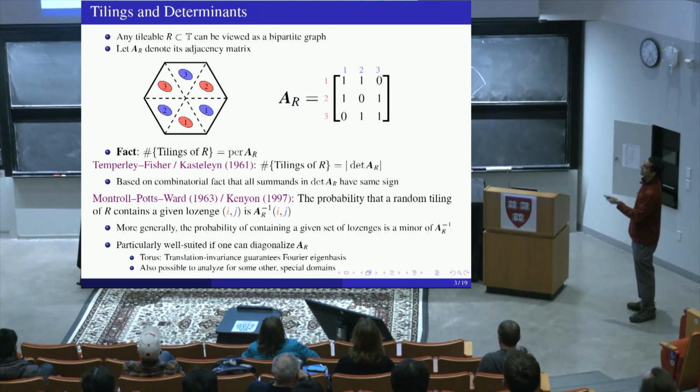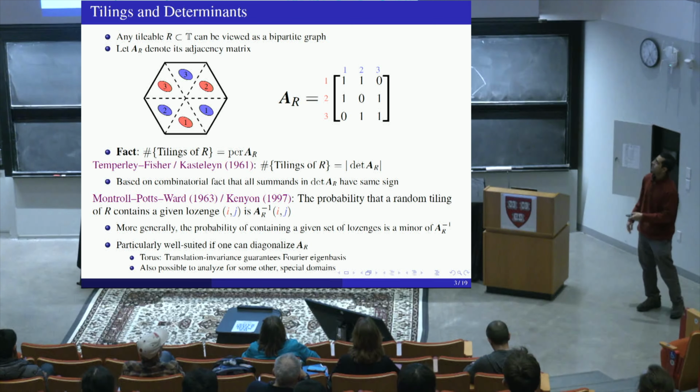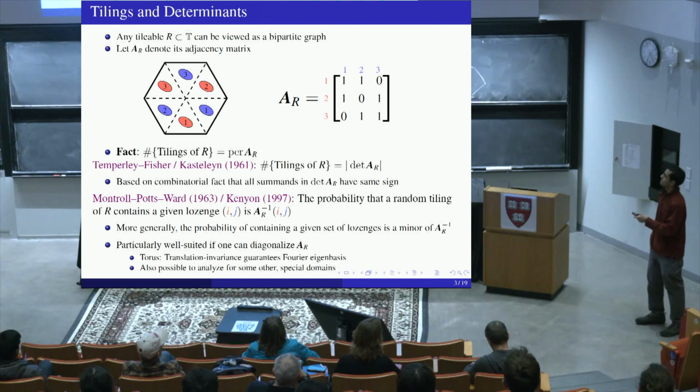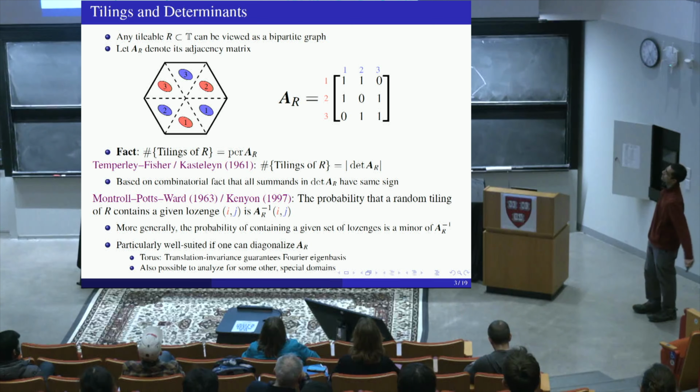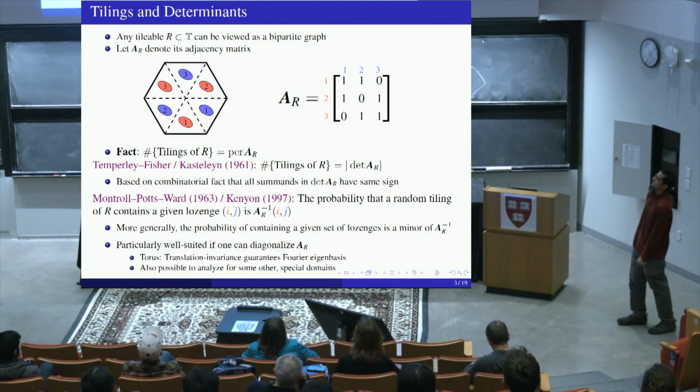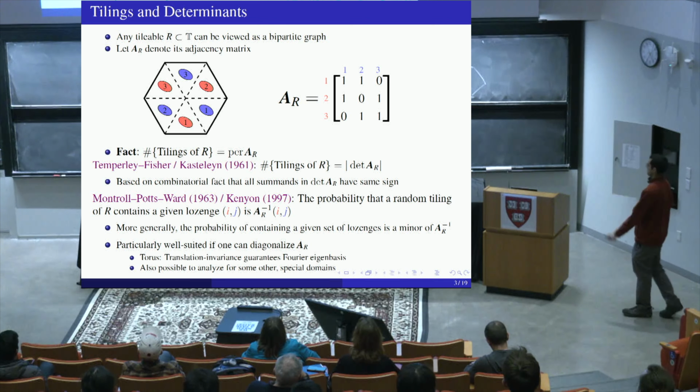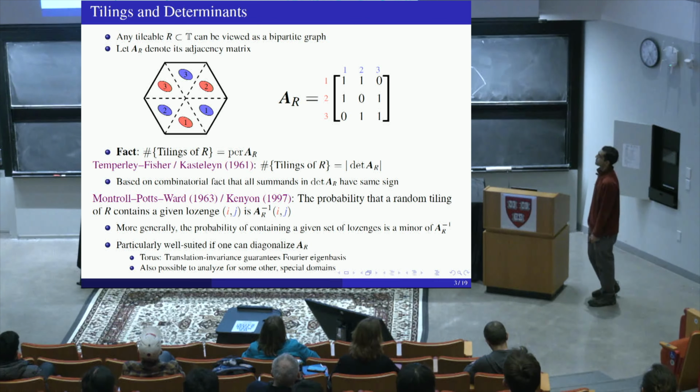It's based on the purely combinatorial fact that if I expand the determinant of A_R, almost miraculously everything has the same sign. So the permanent and the determinant are going to be the same. You can convince yourself in this example that all of these terms have negative sign if I take the determinant of this matrix.